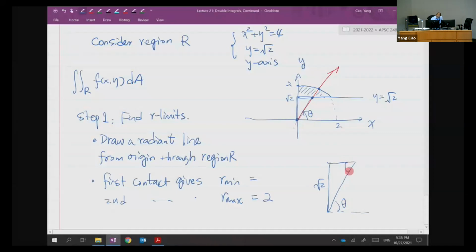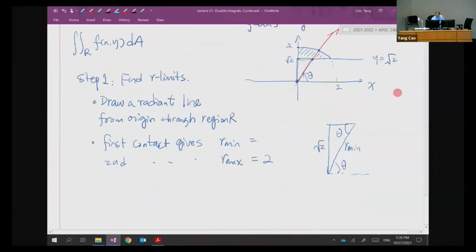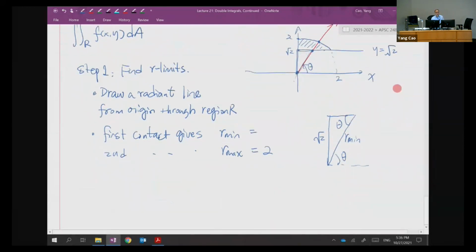And what are we looking for? We're looking for the hypotenuse, which is the R mean. So we're looking for a relationship or an expression to describe the R mean, and it comes from this right triangle, based on the theta.